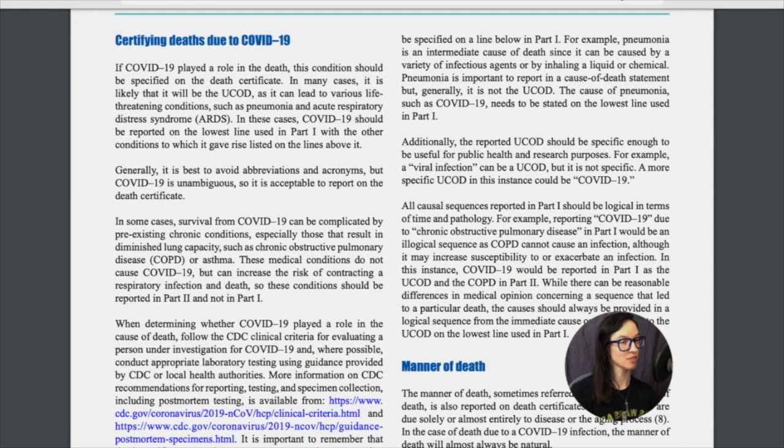In some cases, survival from COVID-19 can be complicated by pre-existing chronic conditions, especially those that result in diminished lung capacity, such as chronic obstructive pulmonary disease or asthma. These medical conditions do not cause COVID-19, but can increase the risk of contracting a respiratory infection and death. So these conditions should be reported in Part 2 and not in Part 1.